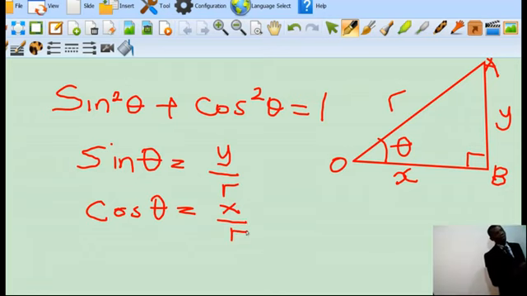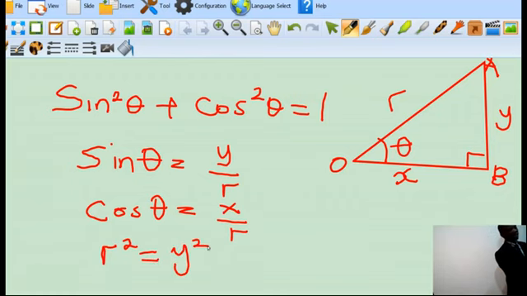But before we proceed, we must derive an expression for the hypotenuse r. r squared is equal to the opposite side y squared plus the adjacent side x squared.